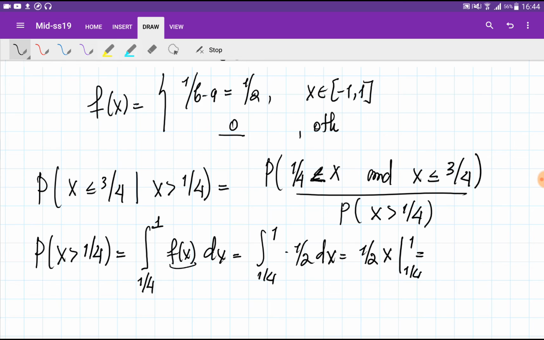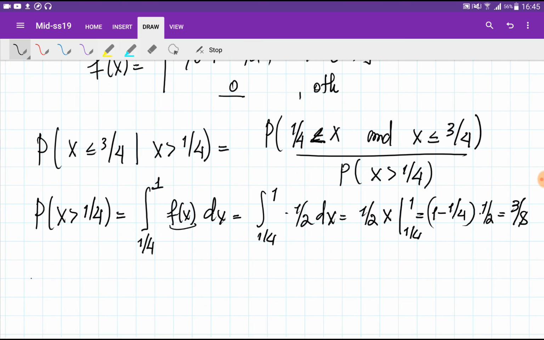If you put in 1 and 1 over 4, we'll get 1 minus 1 over 4 multiplied by 1 over 2, or simply 3 over 8.